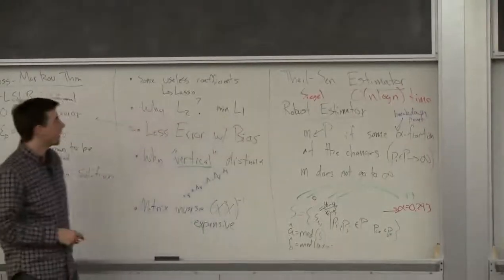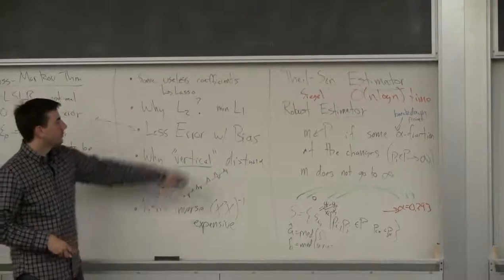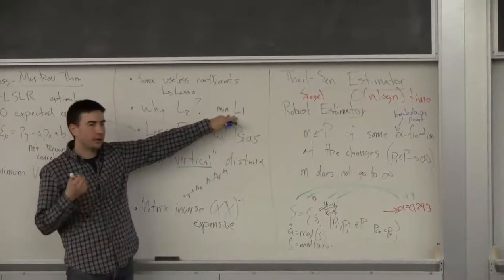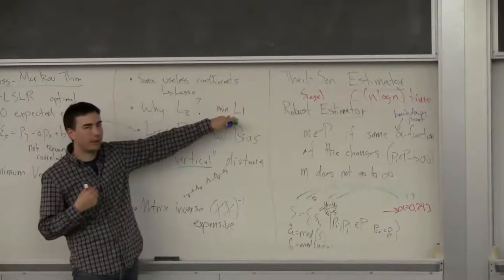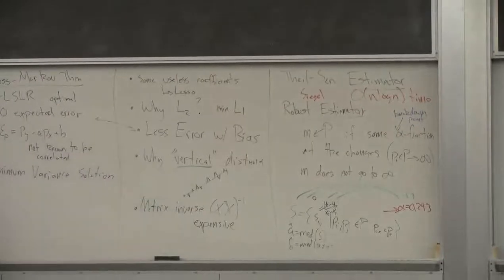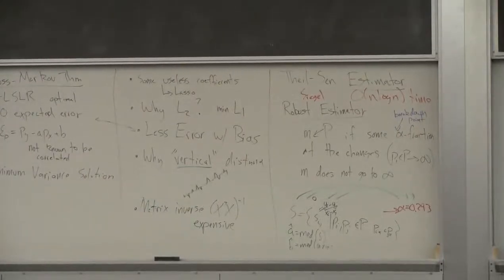I know there are some packages that will just minimize the L1. If you minimize the L1, this is also going to be a robust estimator as well. We'll talk a little bit more about what L1 means in a later lecture, or maybe later in this lecture.